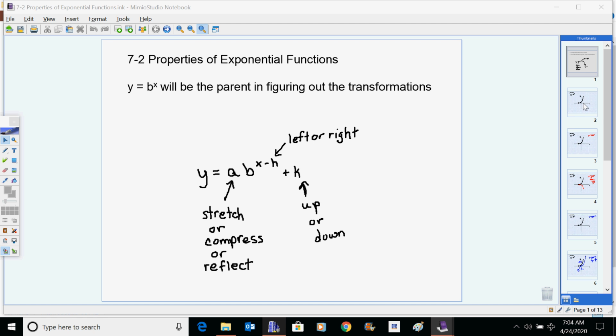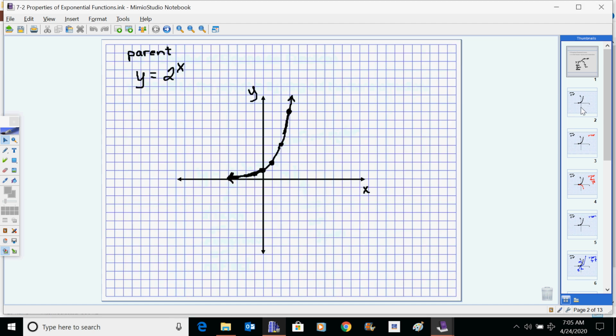It's just that with exponentials, there are a variety of different parents to consider, because if you remember, this number right here gives us our basic shape for our parent function, because it's going to tell us how quickly the function is increasing.